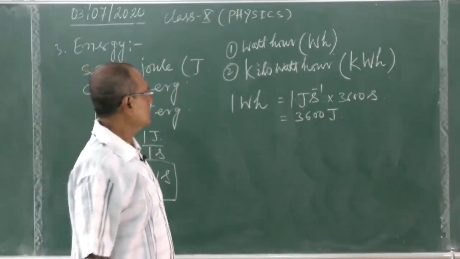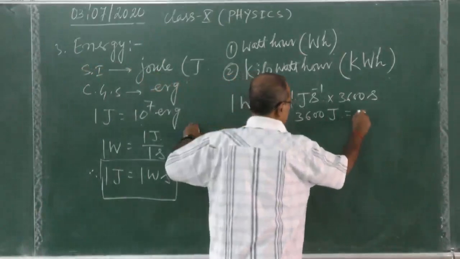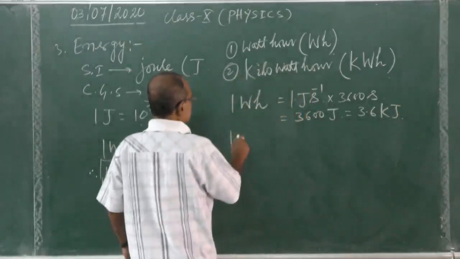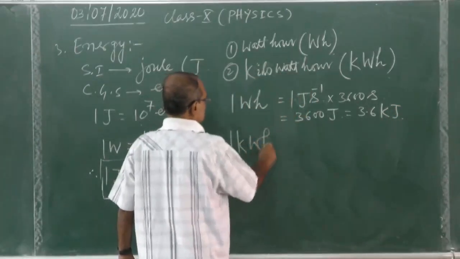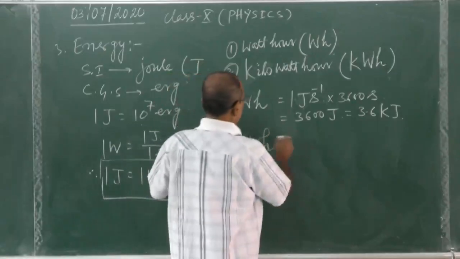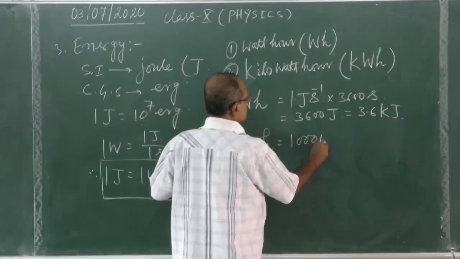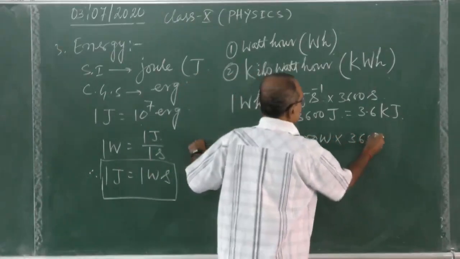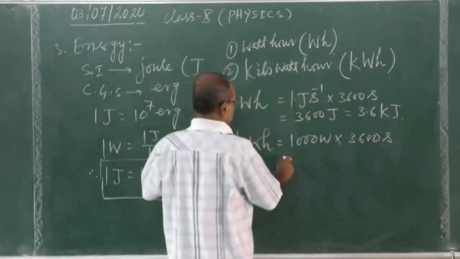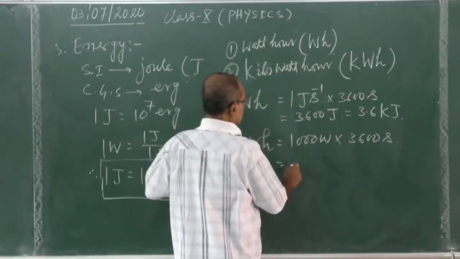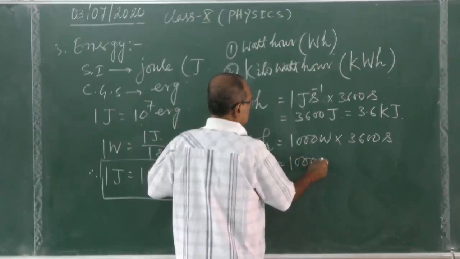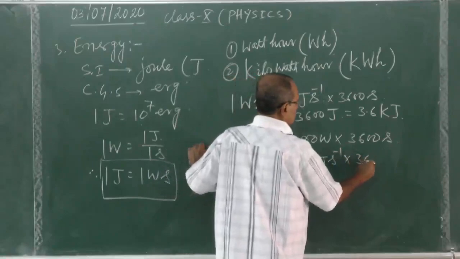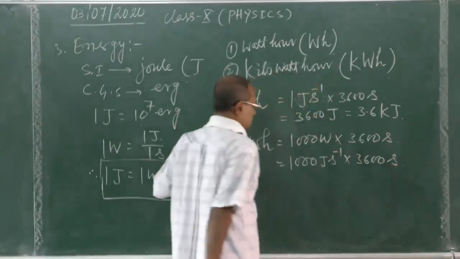Kilojoule also you can write. Second one is kilowatt hour. Again kilowatt, so this is 1000 watt into 3600 seconds. 1000 watt means 1000 joule per second into 3600 seconds.